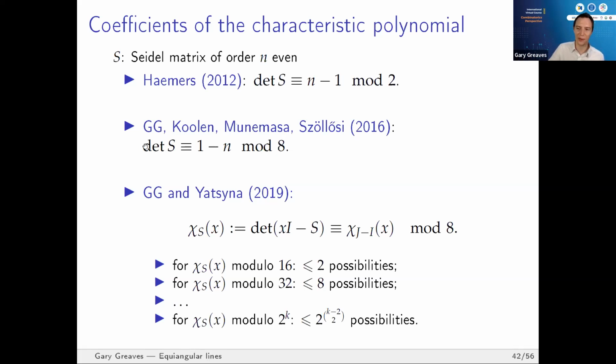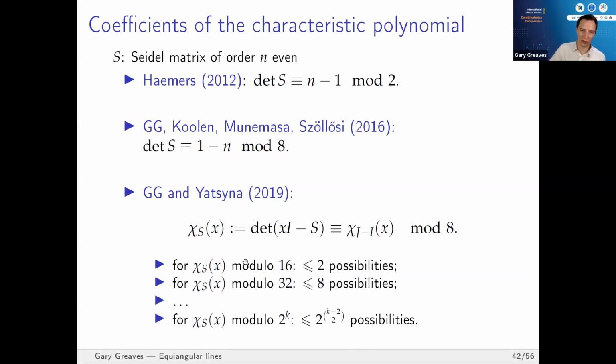Very useful congruence. And then we pushed it much further to not just talk about determinants, but all of the coefficients of the characteristic polynomial. So we can determine not just the determinant, the constant coefficient, but all of the congruence classes for every coefficient of the characteristic polynomial of a Seidel matrix.